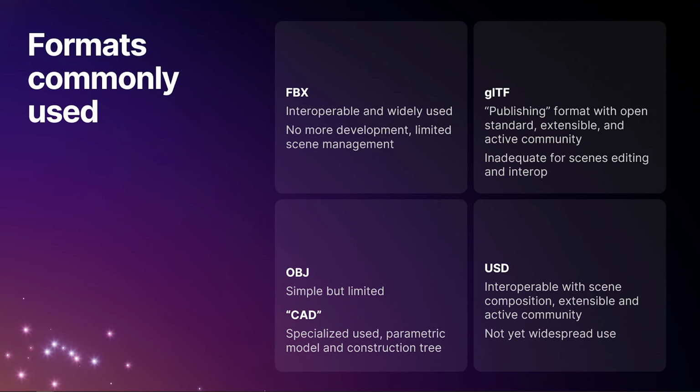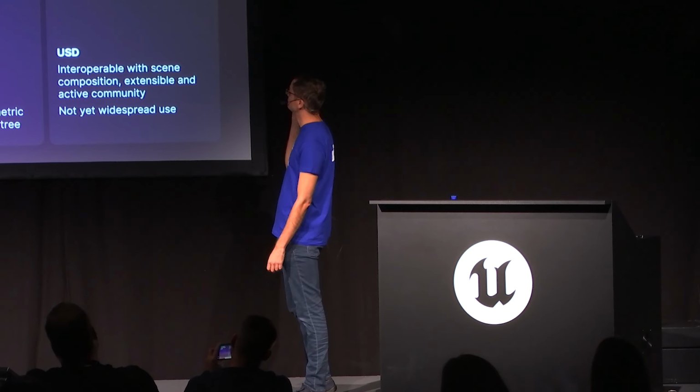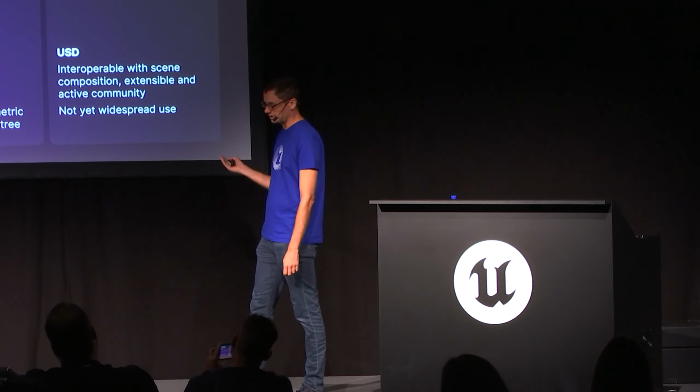glTF is quite high, especially since we enabled Fab in the engine. It was designed to be a format you use in browsers, on websites. So there's a few things that come with the format that make it a bit more lightweight, or you can make it lightweight so it runs well in browser. The cool thing is that it's an open standard, it's extensible.